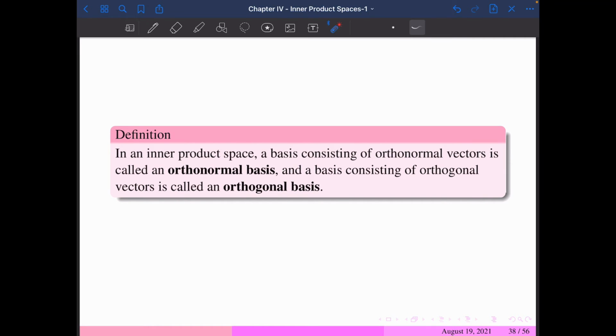So this is the definition of orthonormal and orthogonal basis.